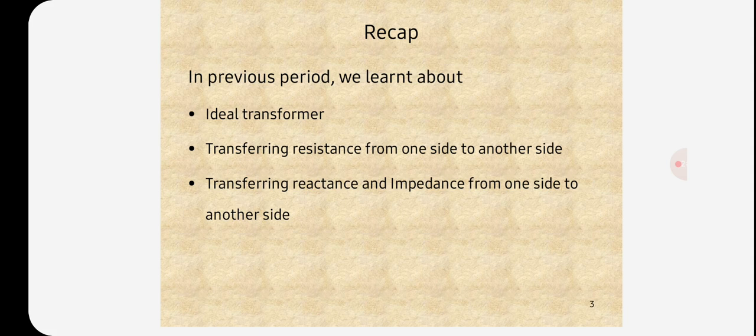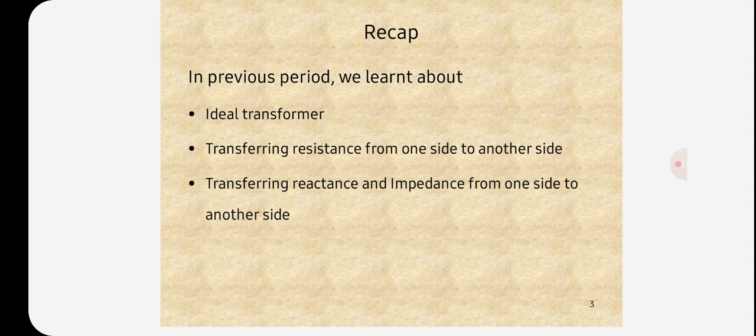The purpose of this current is to magnetize the core and hence produce an alternating flux phi, which is proportional to and in phase with it.